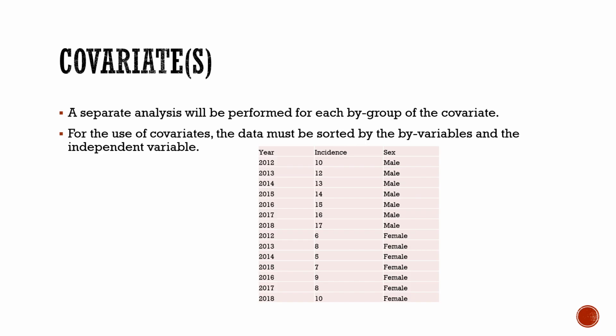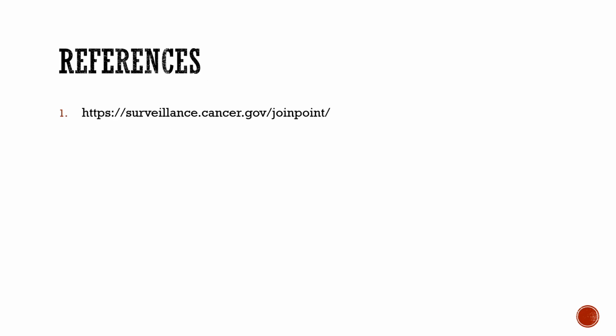For instance, in this example, my independent variable is year, which goes between 2012 and 2018, and my covariate is sex, which consists of males and females, and as you can see, I have sorted my data based on these two variables. For further reading, you can use the Jointpoint trend analysis software's website.